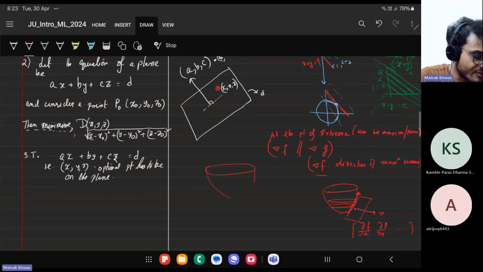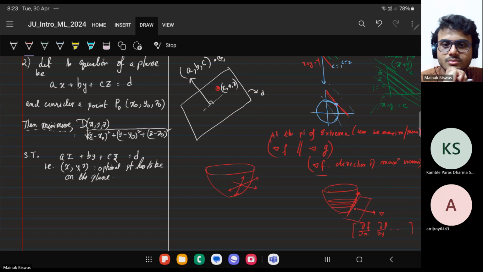They're called directional derivatives. I think you have done that also. So at a particular point, you can have multiple vectors like this that are tangent. Yes or no? Yes.